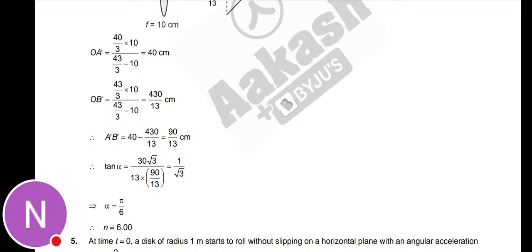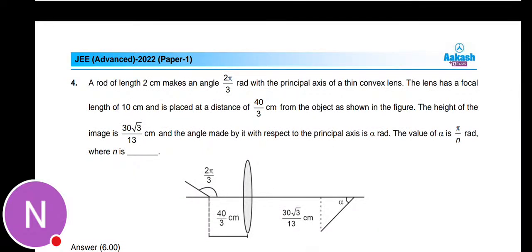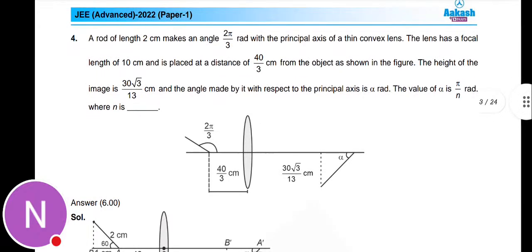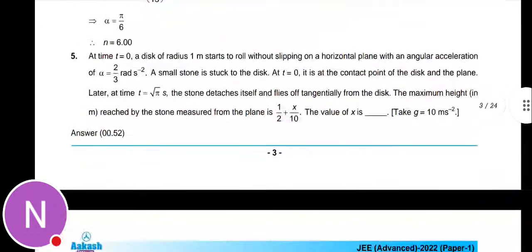Therefore A is equal to π/6, so we can take n is equal to 6 as the answer. So 6 is the value of n, where A is π/n radians.